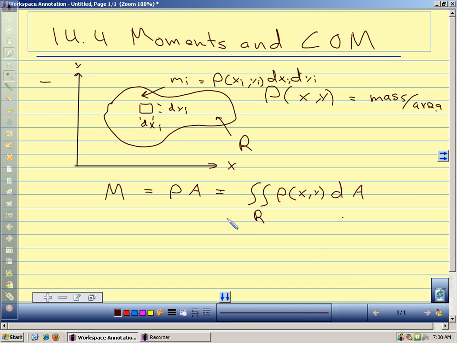So we can find the mass with a double integral if our density is variable, and rho of x, y is just mass per unit area. Make sense?